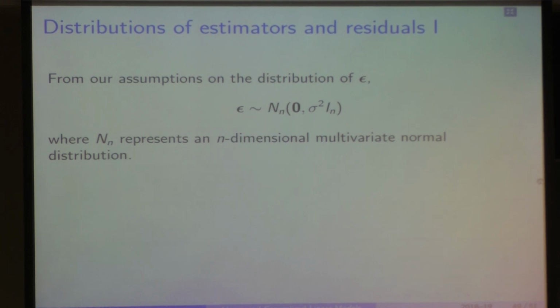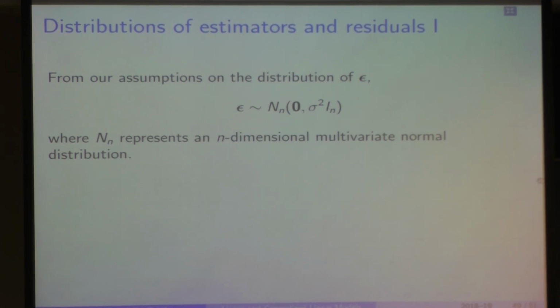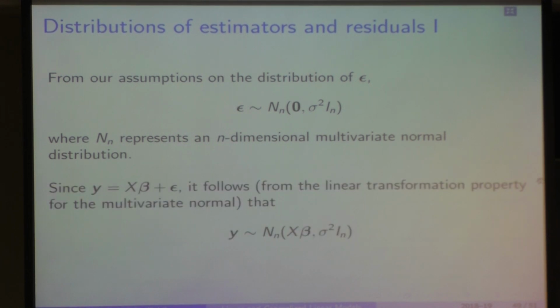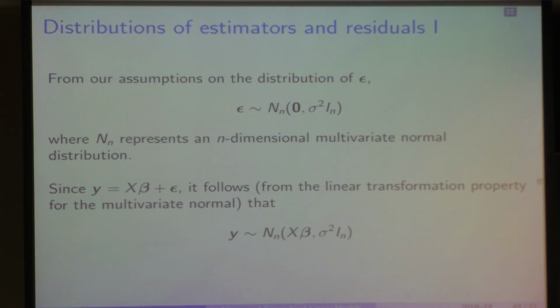So they all have mean 0 and variance sigma squared, and they're independent of each other. Now, linear transformations preserve normality. So our y, which is X times beta plus epsilon, that's a linear transformation, so that's also going to end up with a normal distribution.